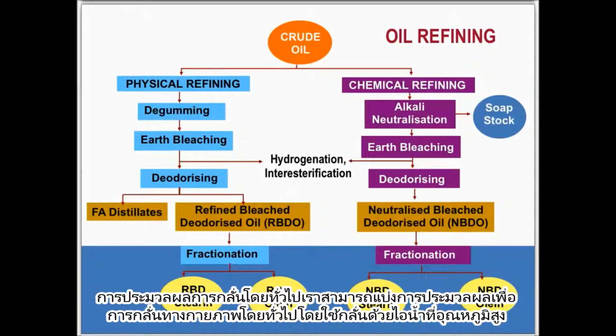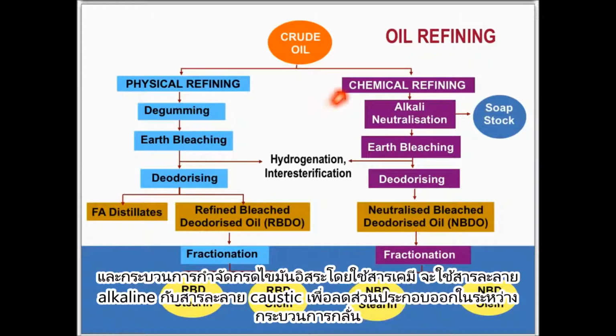Then for the refining process, in general, we can divide the process into physical refining, basically by using high temperature steam distillation, and chemical refining, which uses chemicals, by using alkali or the caustic solution to remove the components that need to be removed during the refining process.